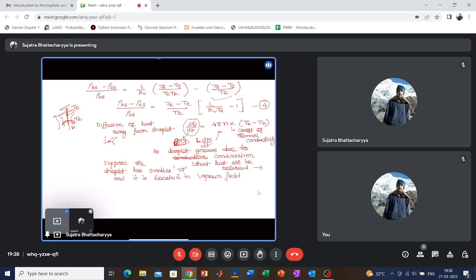What we are assuming so far, with concentration of vapor molecules at distance. Now I am not writing smaller, but I am writing capital R. This smaller r can be replaced with capital R, just a small change. Okay, this smaller is nothing but capital R, from the center of droplet.